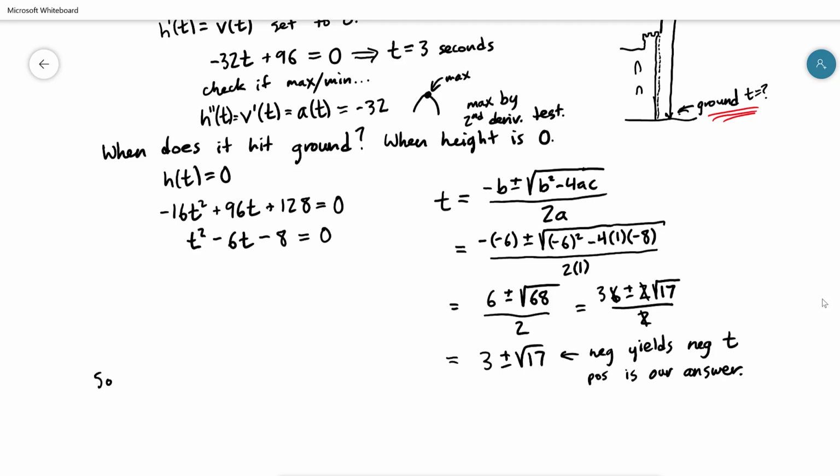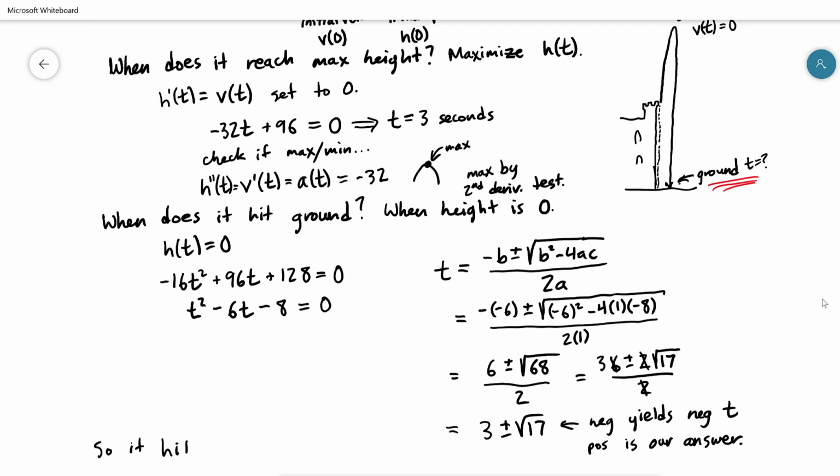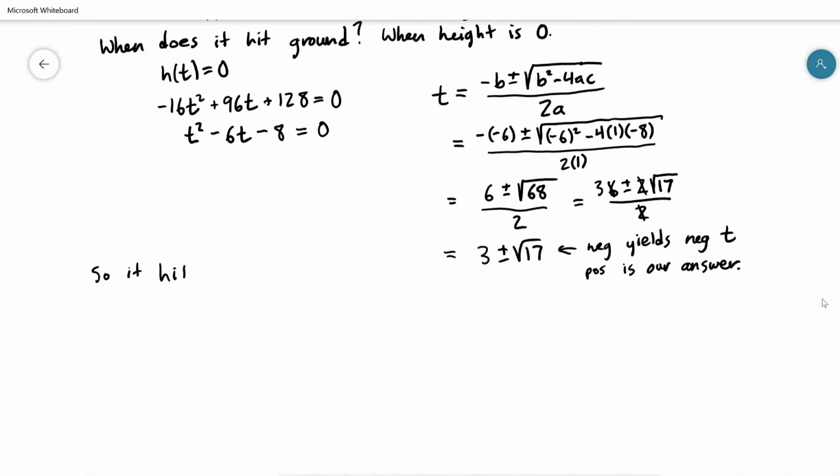So it hits the ground at t equals 3 plus root 17 seconds. You can do decimal approximation of that if you would like.